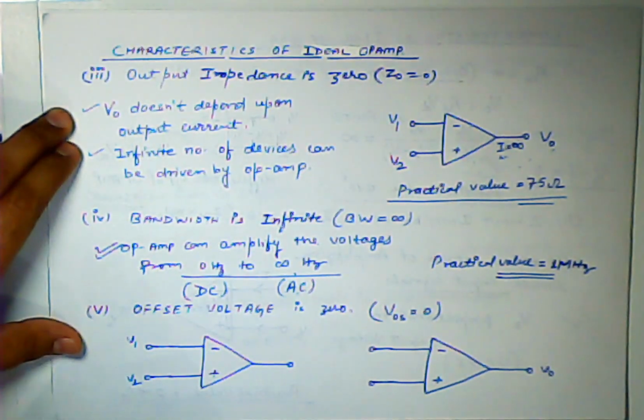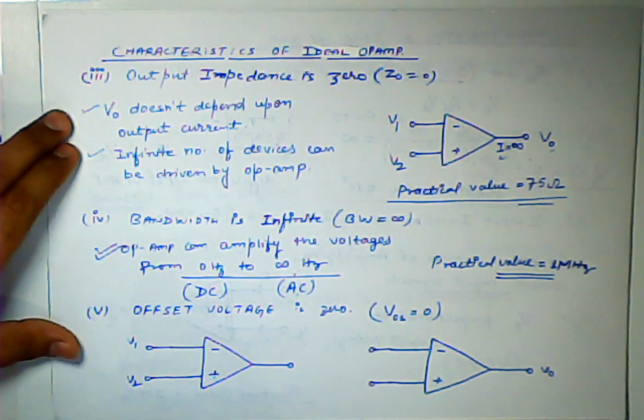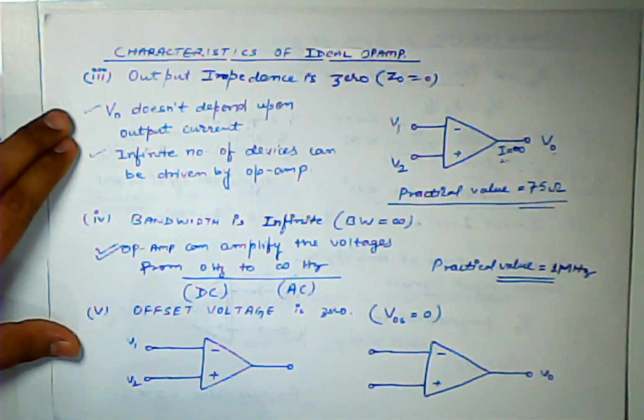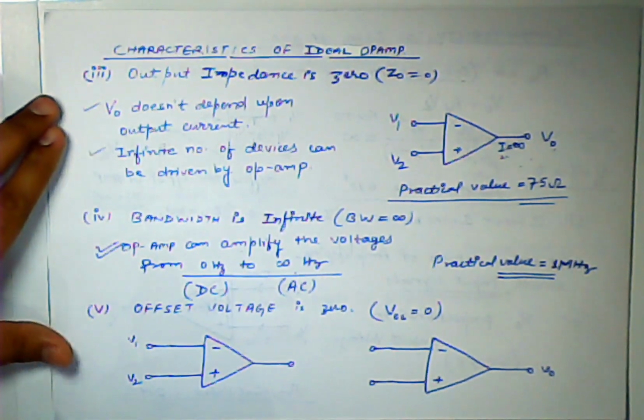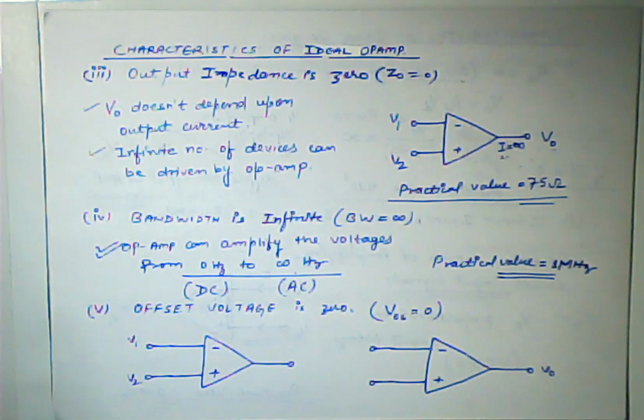So the next parameter is offset voltage, which is 0. What is offset voltage? There are two types of offset voltages in an op-amp. One is input offset, another is output offset. So first of all, let us understand what output offset voltage is.